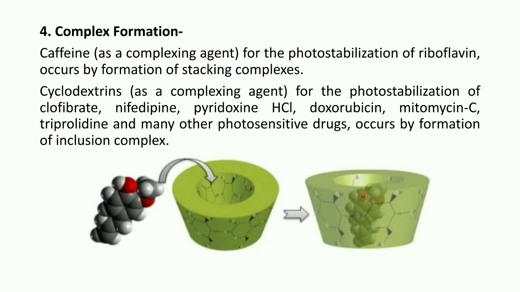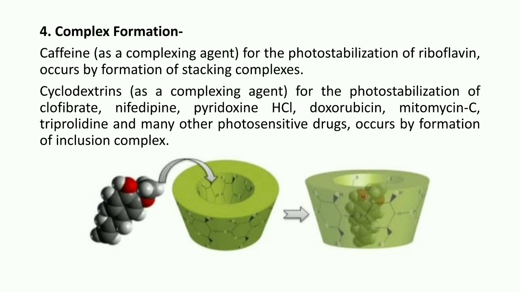Numerous examples of photostabilization of drugs by cyclodextrin complexation have been reported. These include the complexation of clofibrate, nifedipine, pyridoxine hydrochloride, doxorubicin, mitomycin C, and many other photosensitive drugs with different cyclodextrins.